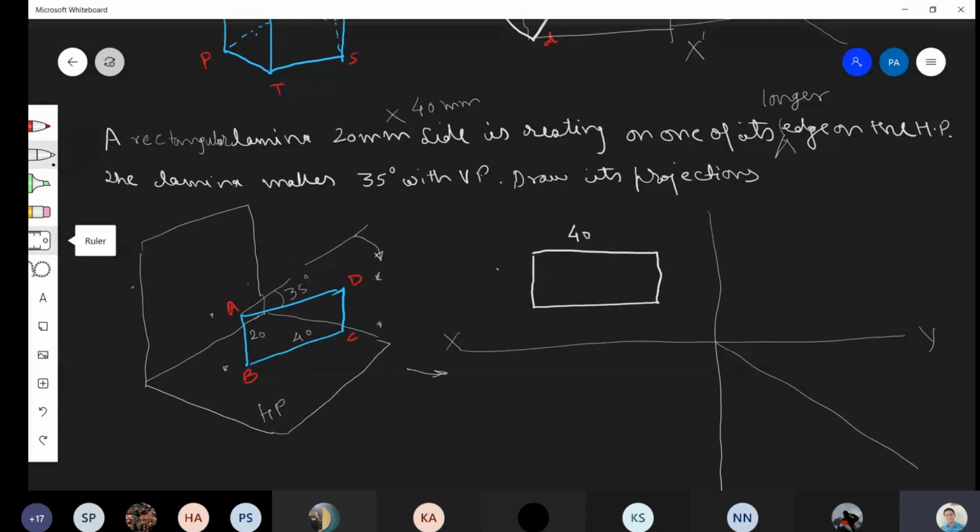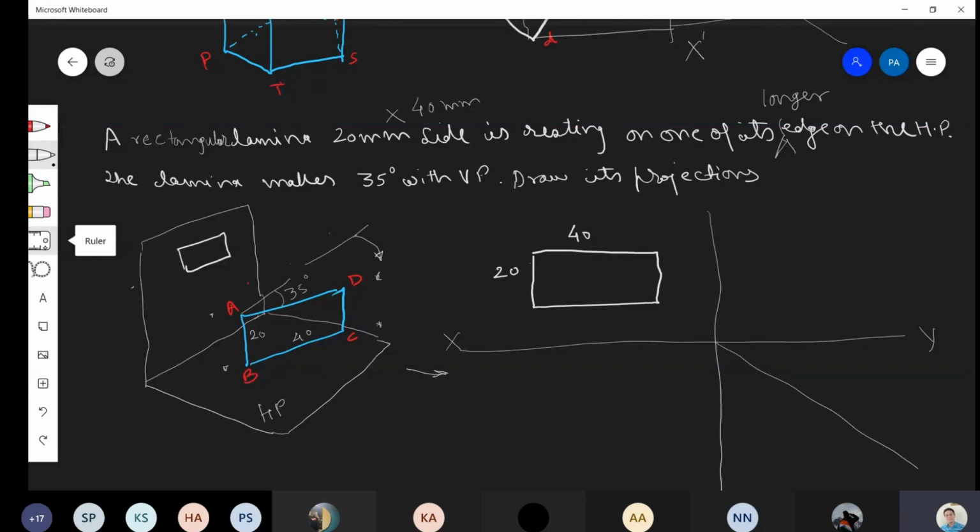Okay sir, but it is inclined, right sir, so we will see less, it will come less than 40, sir. Exactly, it will not be 40. It will be 40 in which case? It will be 40 if it is like this, parallel to VP. Now since I have said that it is coming close to the observer, at one point what will happen?